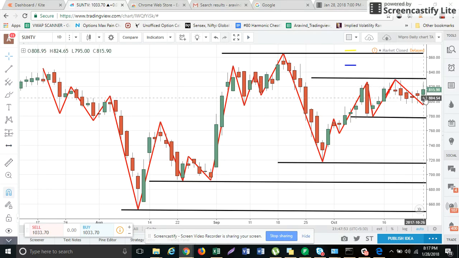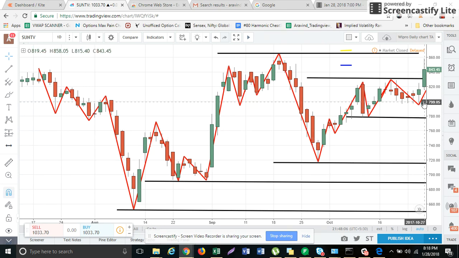So on this particular day we will keep our buy order at 829.65. So let's see what happened on 27th. On the 27th, it formed a huge candle, and our buy trade has been executed on 829.65. So on this level, our buy trade got executed.